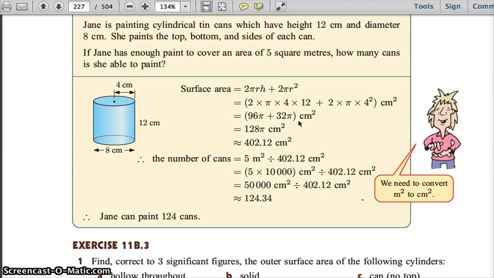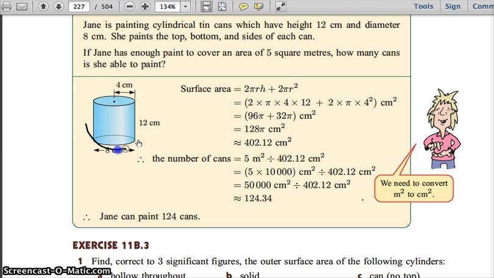Here's a classic one. Jamie is painting cylindrical tin cans which have a height of 12 centimetres and a diameter of 8 centimetres. She paints the top, the bottom and the side. So that's a full can. What do you notice that they do?